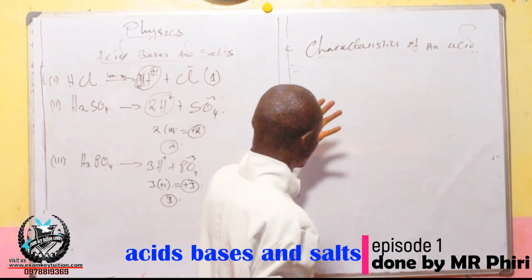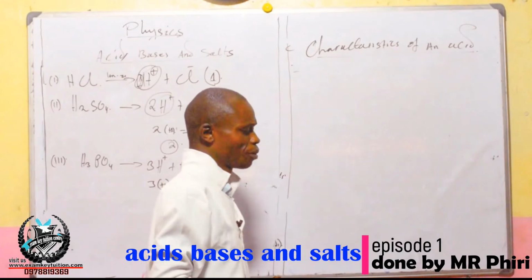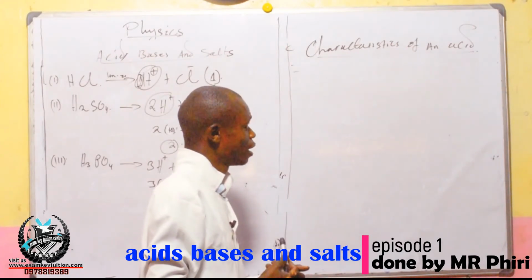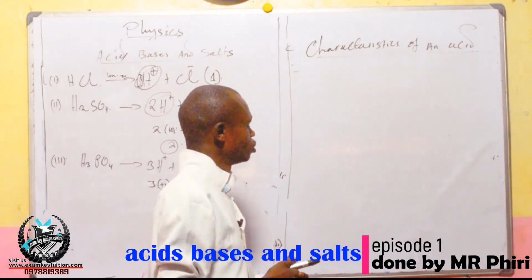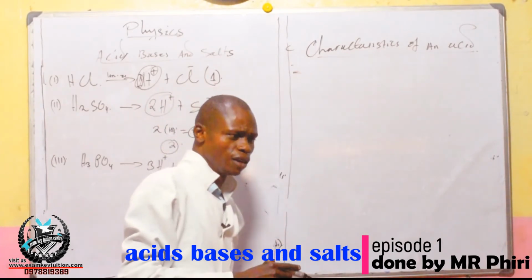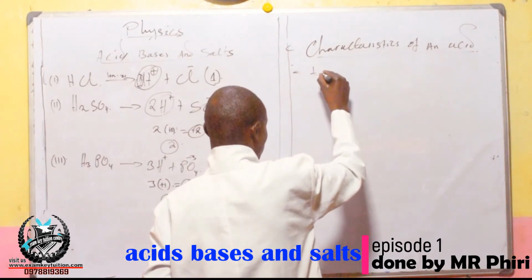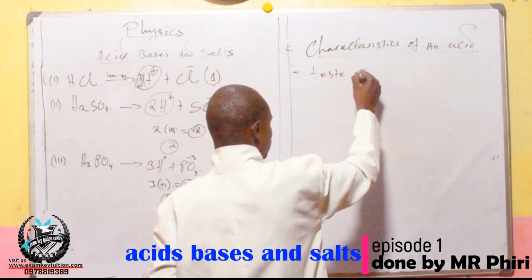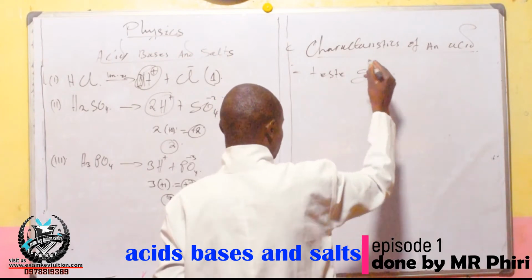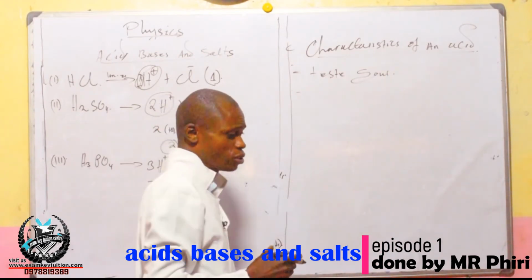We can have chemical and physical properties, but in most cases they like asking in general. So the first property of an acid is that it tastes sour.